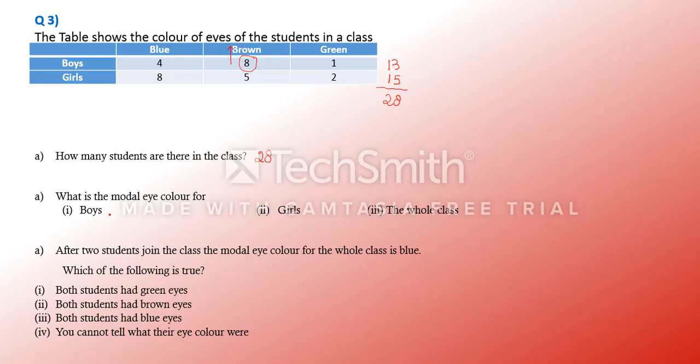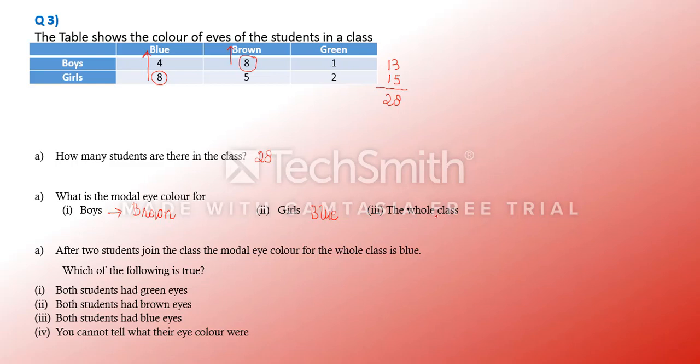So which means most of the boys in this class have brown colored eyes. Alright, as for the girls, again the maximum frequency is 8 and the eye color corresponding to that is blue. So we know most of the girls in this class have blue color eyes.